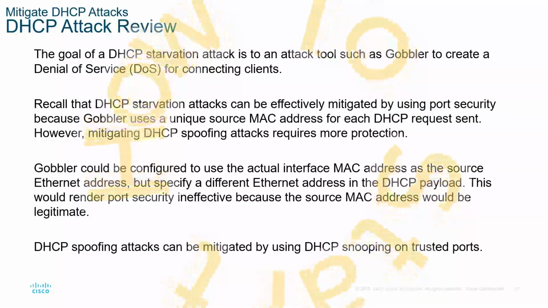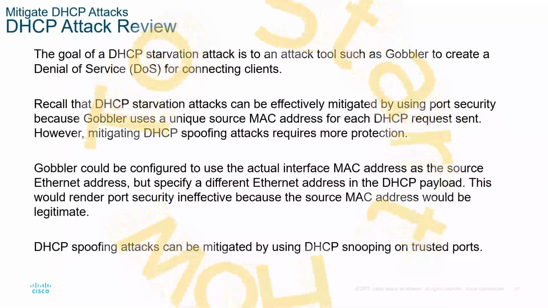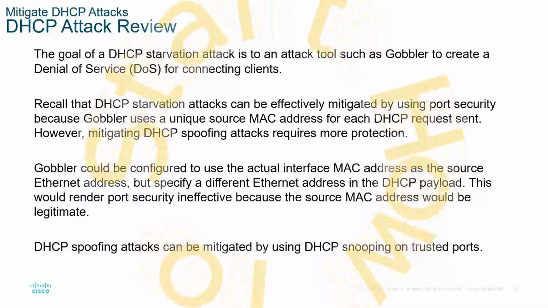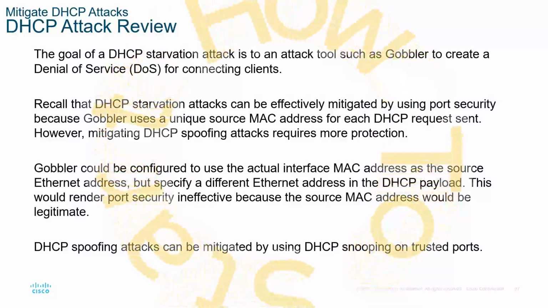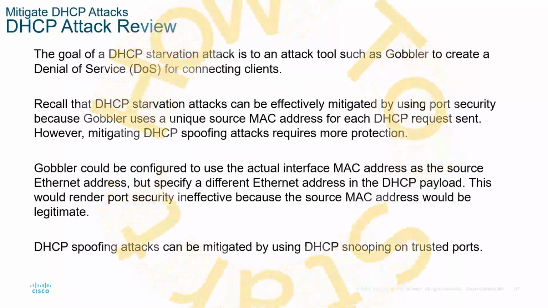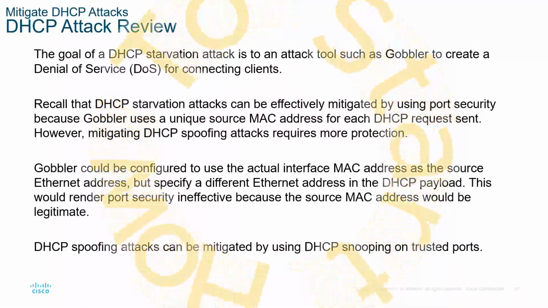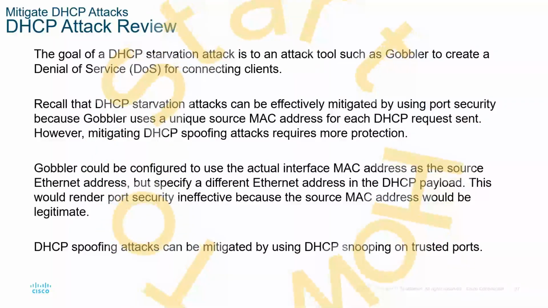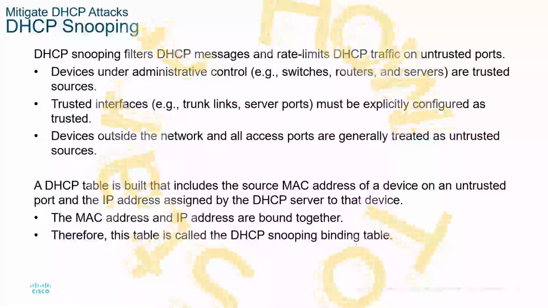So with this, we can actually use some of the tools that are built in. One thing that Cisco allows for is basically what's called DHCP snooping and trusted ports. This is one thing that's normally not turned on for whatever reason. So essentially, DHCP spoofing attacks, again, using DHCP snooping on a trusted port will mitigate those types of attacks.